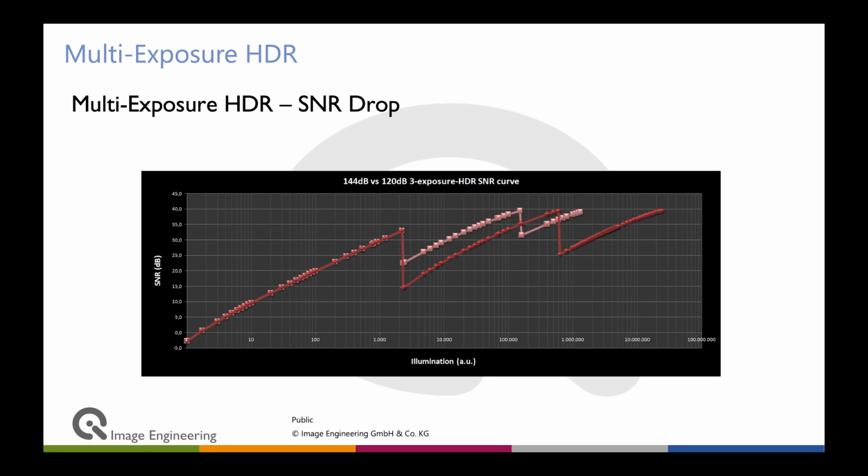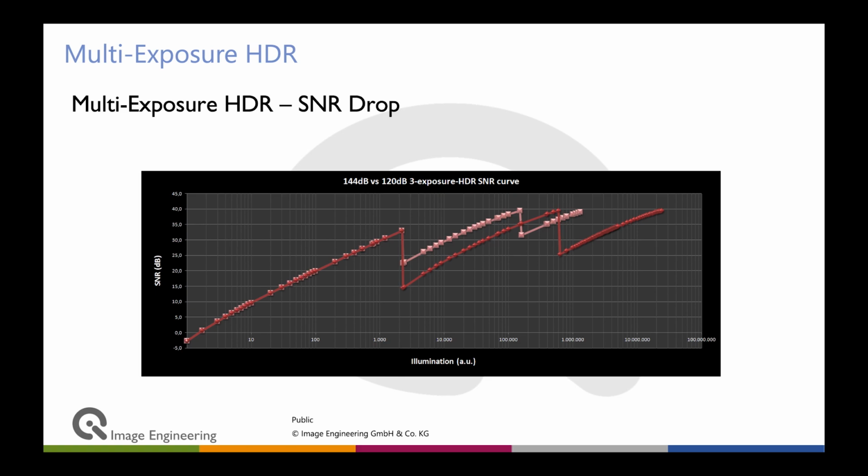But what you also see is that we have these drops in between. In this case we have two drops because we have three exposures, and these drops happen when you go from the bright part of one image to the dark part of the next image.